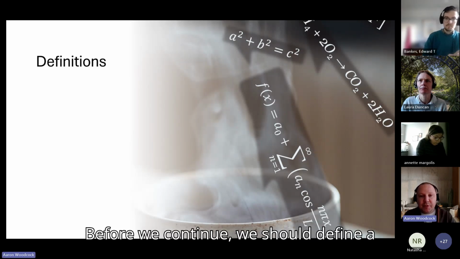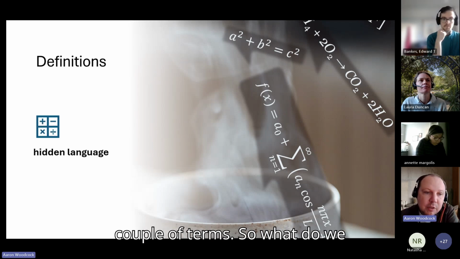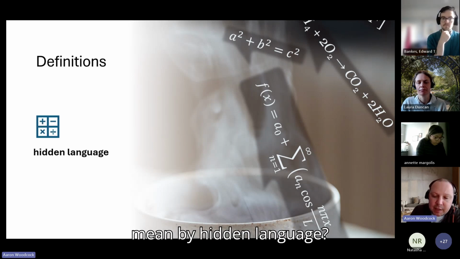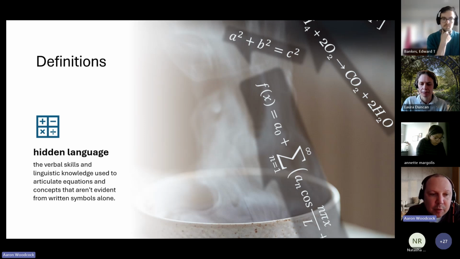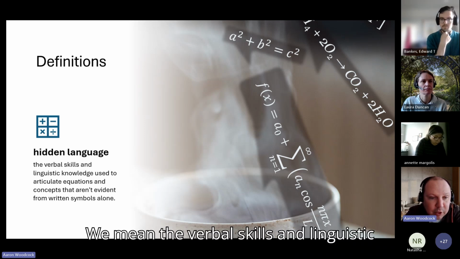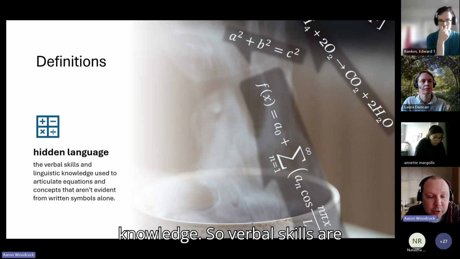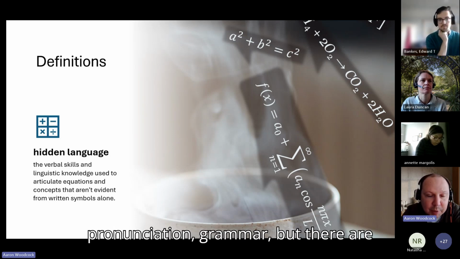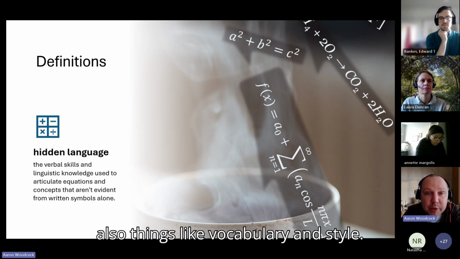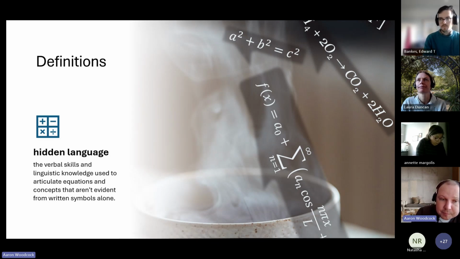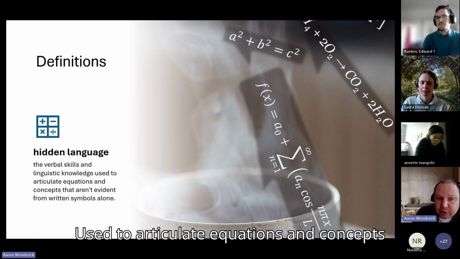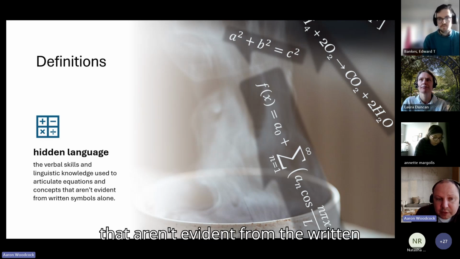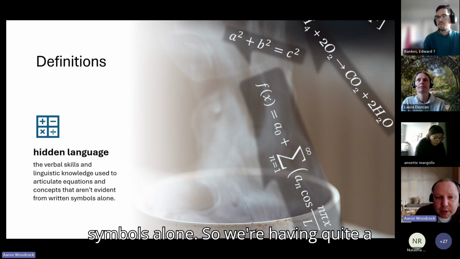Before we continue, we should define a couple of terms. What do we mean by hidden language? We mean the verbal skills and linguistic knowledge. So verbal skills and linguistic knowledge are things like pronunciation, grammar, but they're also things like vocabulary and style used to articulate equations and concepts that aren't evident from the written symbols alone.